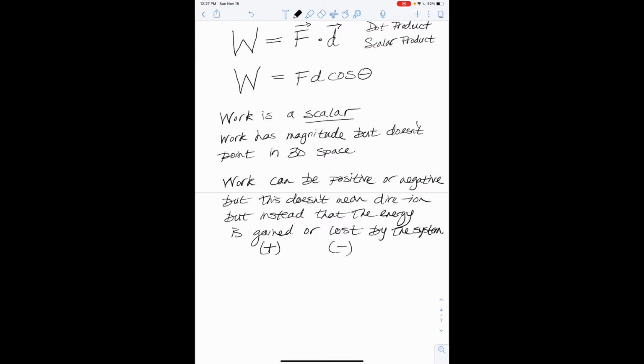And there was one more thing I wanted to add there. Oh, units. The SI unit for work is joules, or J. What is a joule?